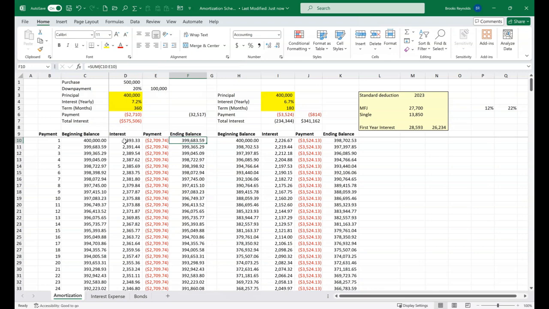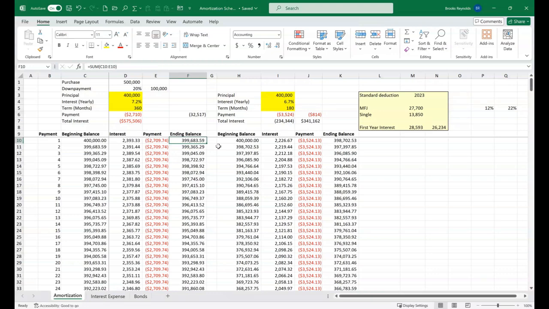This formula is beginning balance plus interest plus a negative number, or subtracting. In other words, this increases your balance, and this reduces your balance. The net effect is that your balance goes from $400,000 to $399,683. Not a huge amount.